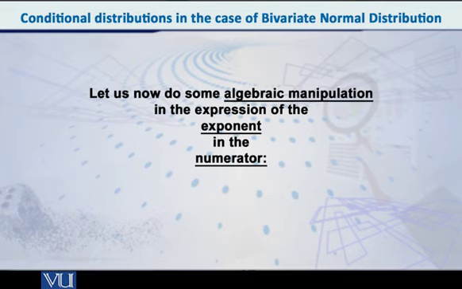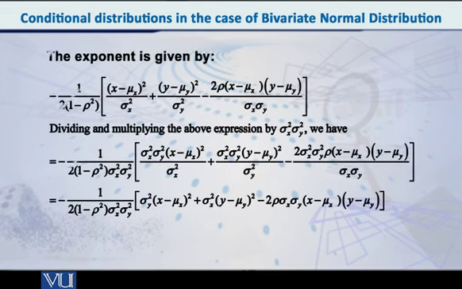All right, now that we've done this, let us now focus on the exponent, the expression in the power. Which exponent? The exponent which is occurring here in the numerator. The expression is in front of you, and now I'm going to do some algebraic manipulation with it.